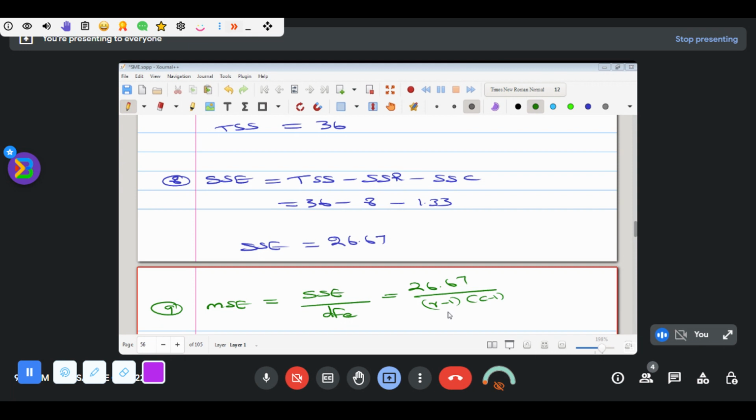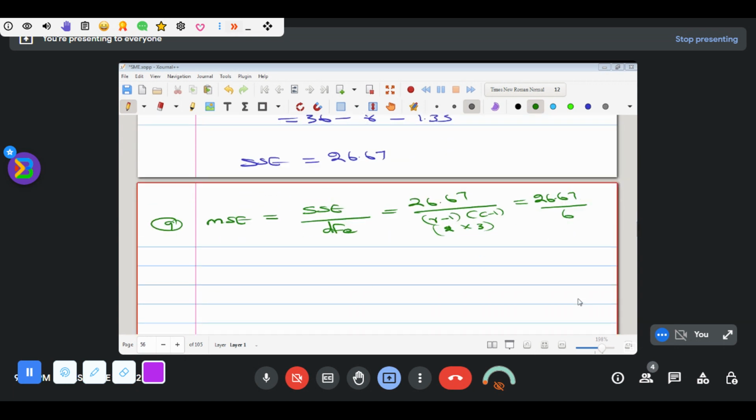R is 3. 3 minus 1 is 2. 2 into column 4 minus 1, which is 3. Then tell me what is the result? 26.67 divided by 6. Please tell me the result of the calculation. 4.44. Very good, 4.44.